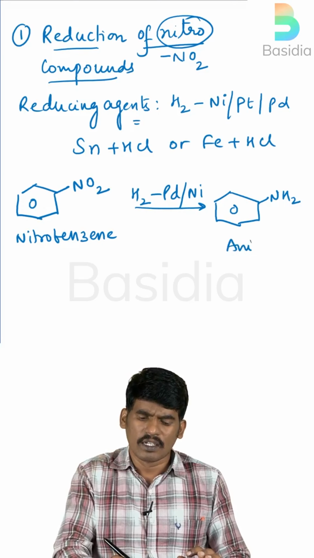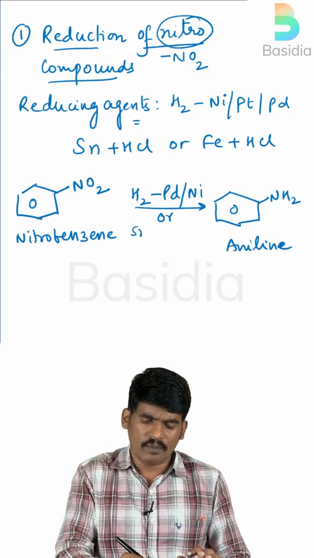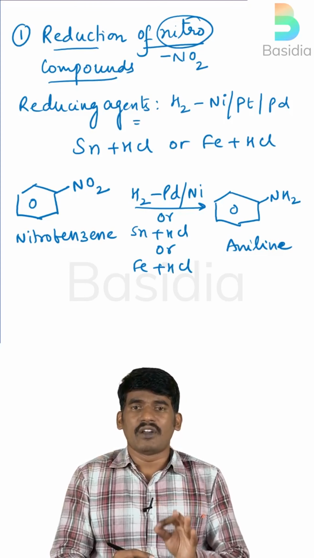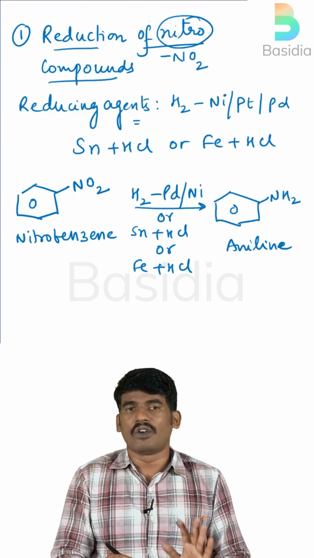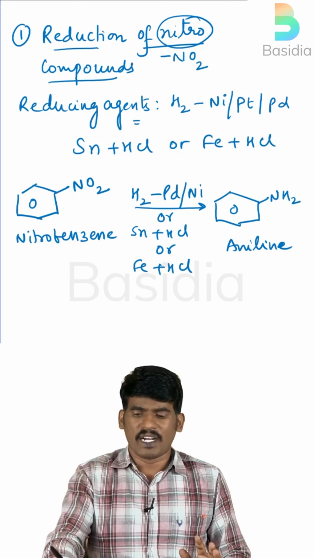This is called aniline. You can use even Sn plus HCl or Fe plus HCl also. So nitrobenzene can be reduced to aniline by these reducing agents. This is the first preparation method.